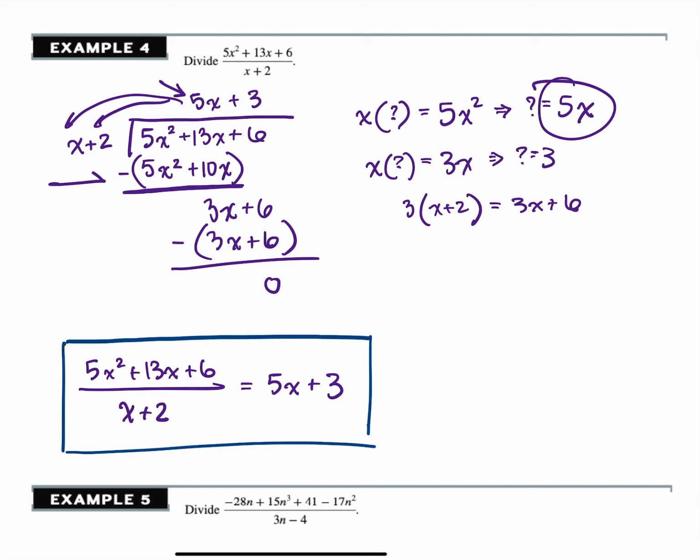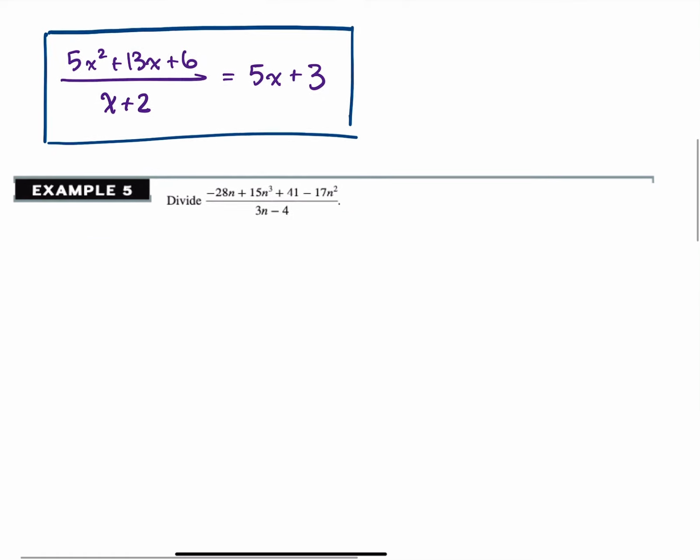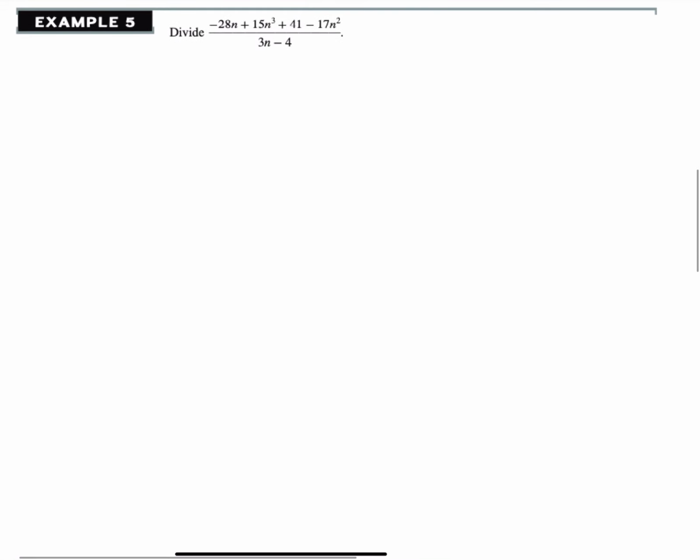You write the result below. Subtract everything and then bring down the next term and then repeat that process until you run out of terms to drop down. So let's see a few more examples because it's a pretty intricate process, but once you do it enough times, you start to pick up on the pattern.